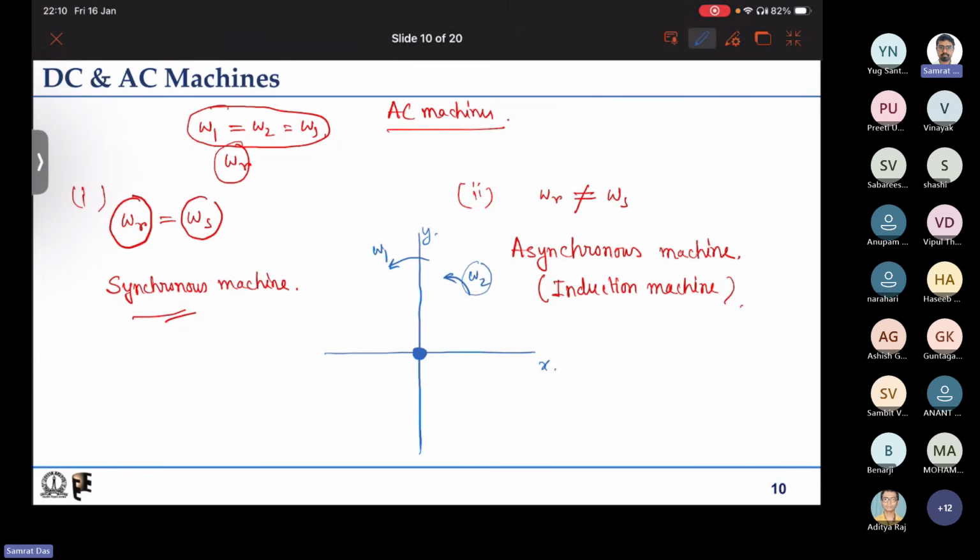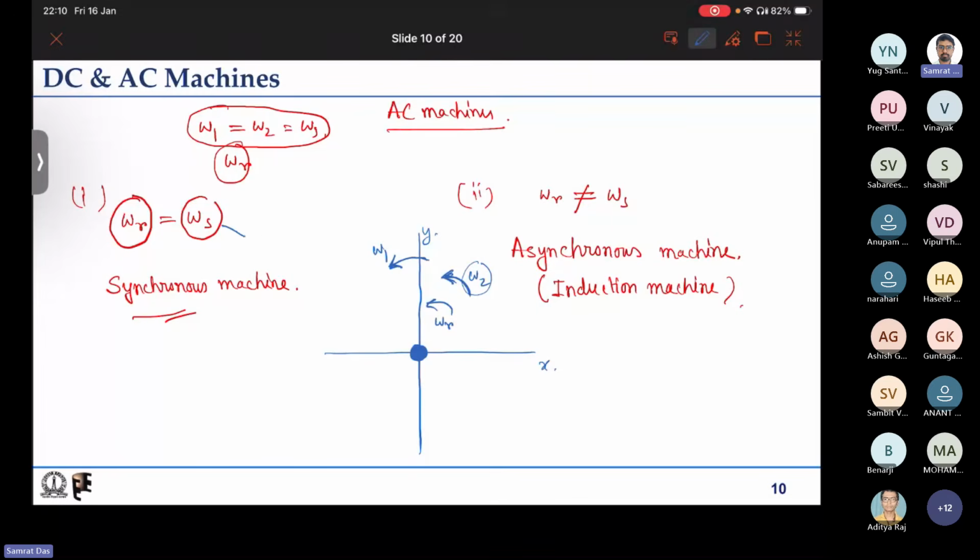This second magnetic field's speed is not related to rotor speed. It is with respect to the stationary observer standing here. That is why I have the rotor also. I have the first magnetic field rotating, the second magnetic field rotating, and the rotor rotating. That is why the rotor speed I have indicated by omega r.